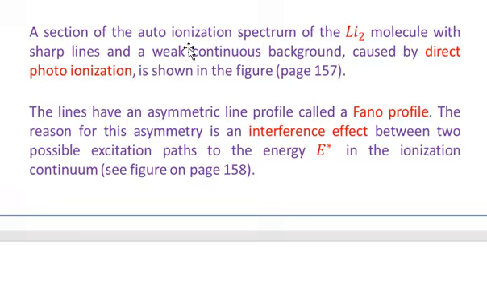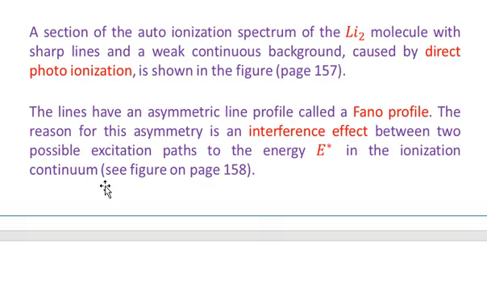A section of the autoionization spectrum of the lithium molecule with sharp lines and a weak continuous background caused by direct ionization is shown. The lines have an asymmetric line profile, also called Fano profile. The reason for this asymmetry is an interference effect between two possible excitation paths to the energy E star in the ionization continuum.